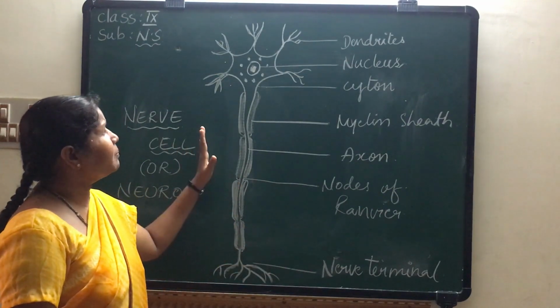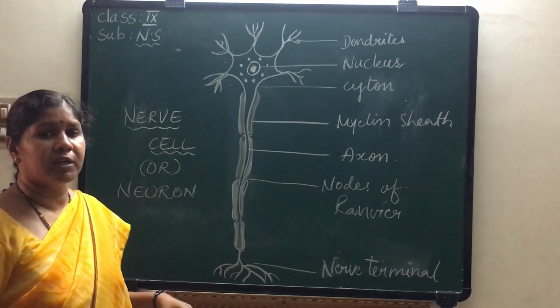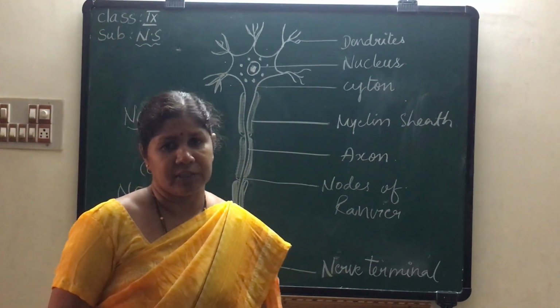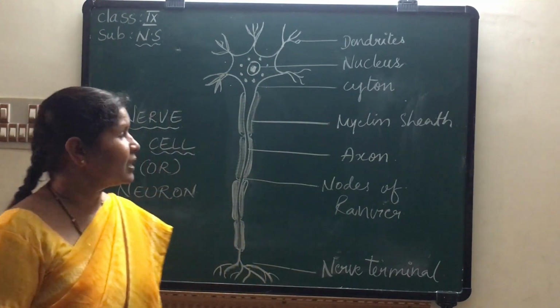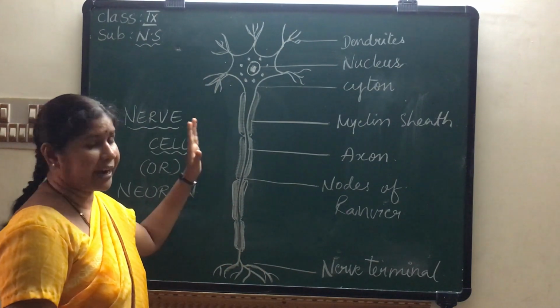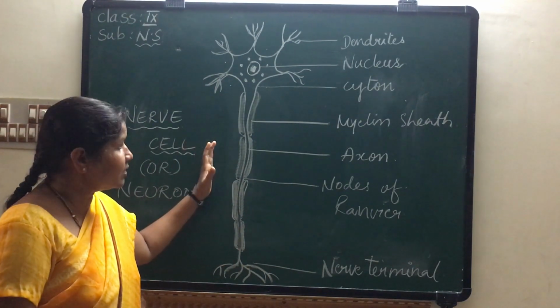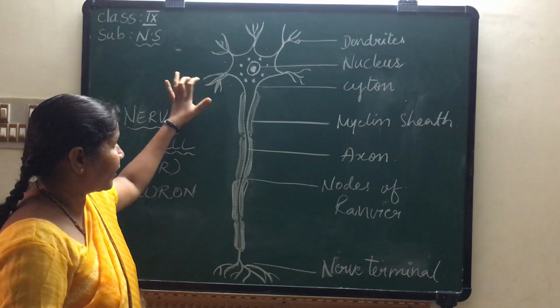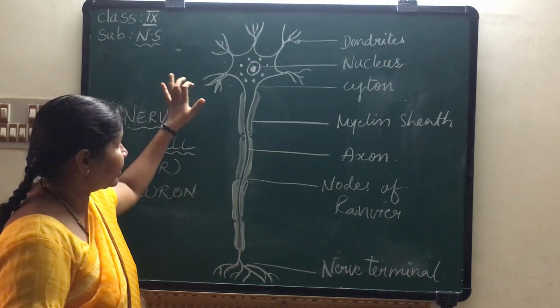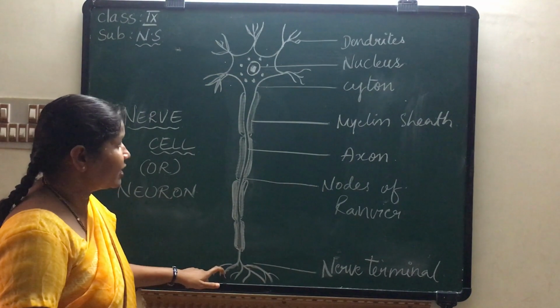Now, how are the messages passed from one nerve cell to another nerve cell? These nerve cells are attached to one another in the nervous system, either from dendrite to dendrite or otherwise dendrite to nerve terminals.